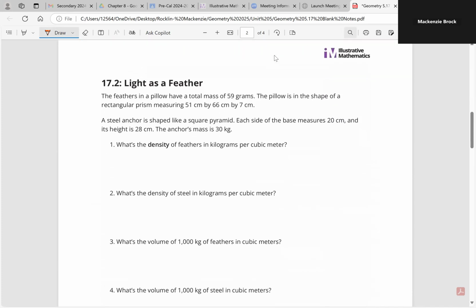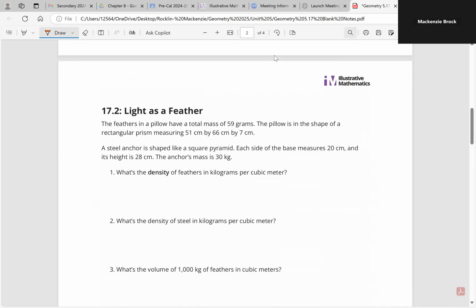Okay. The feathers in a pillow have a total mass of 59 grams. The pillow is in the shape of a rectangular prism, measuring 51 by 66 by 7 centimeters. So just think of a prism, and it measures 51 by 66 by 7, and it is 59 grams in mass or weight.